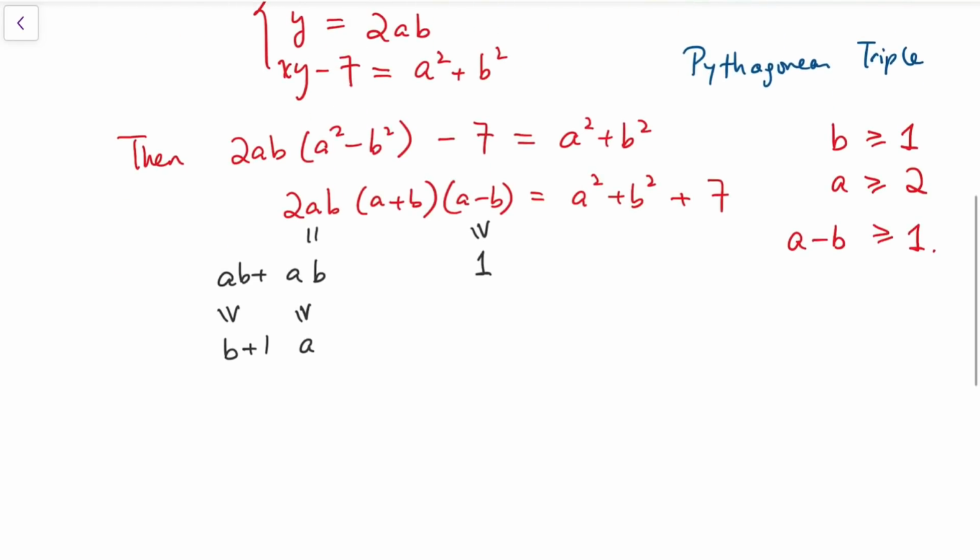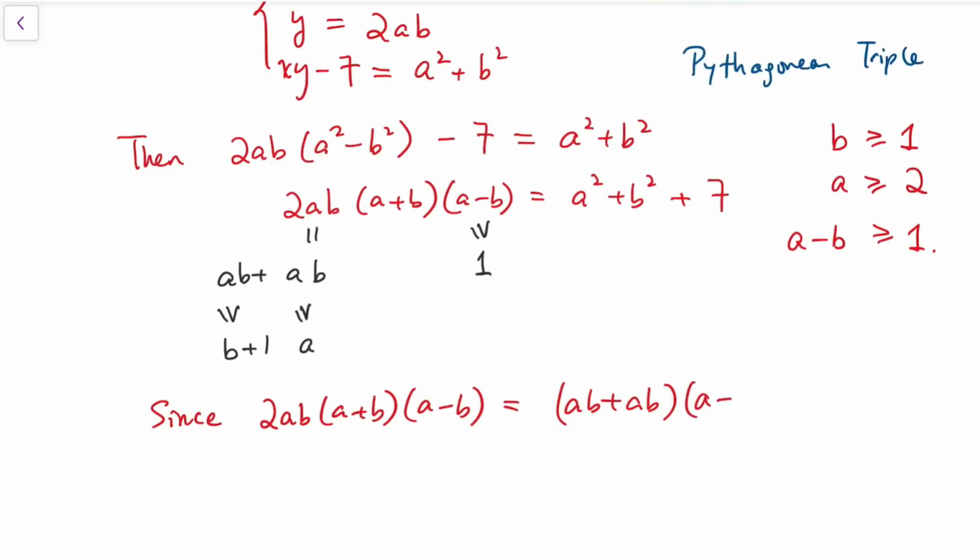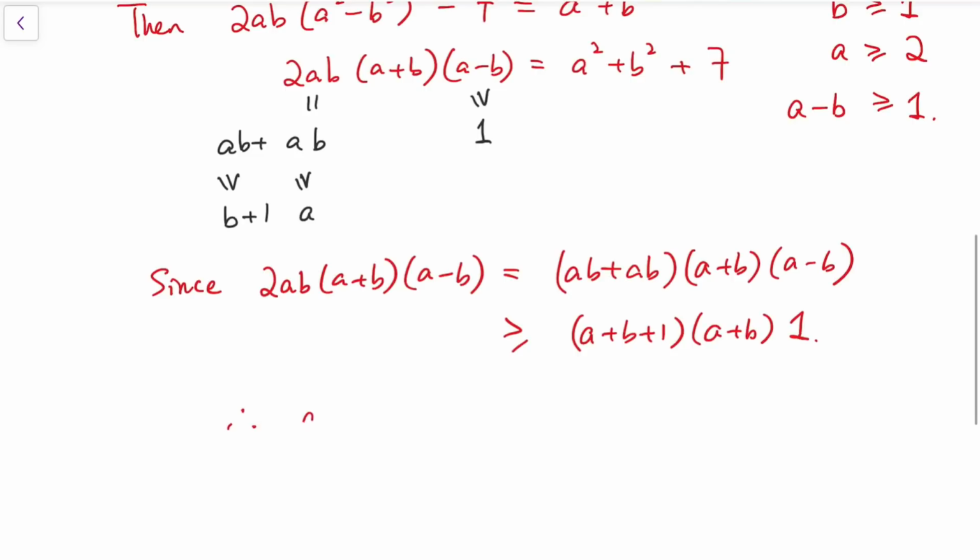So then I can sum up the bounding: since 2ab times a plus b times a minus b is equal to this, which is larger than a plus b plus 1 times a plus b times 1, therefore we have a squared plus b squared plus 7 is larger than a plus b plus 1 times a plus b.